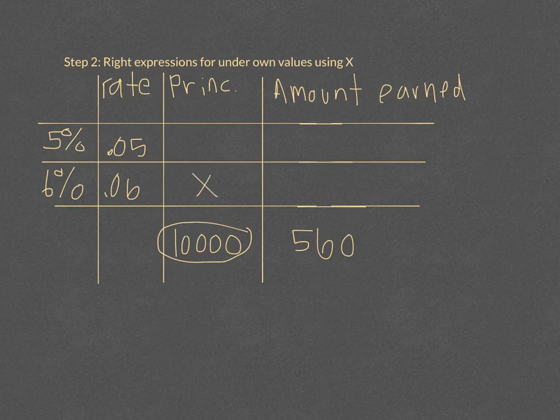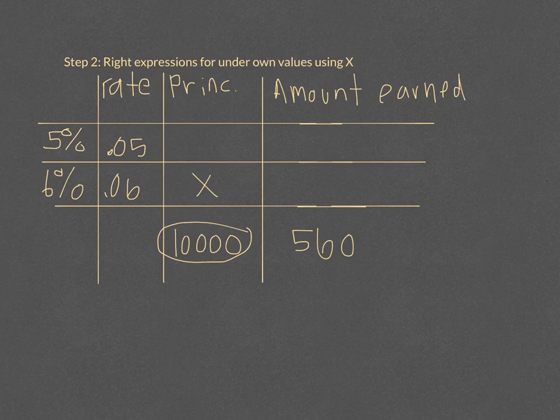I like to put an X amount of principal into my larger percentage rate. And then we need to figure out how much was invested in the 5% rate. If you have $10,000 total dollars and you take X amount out of that $10,000 to go into the 6% rate, then how much would go into the 5% rate?